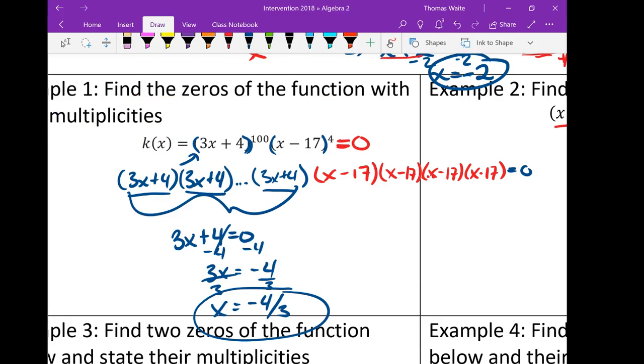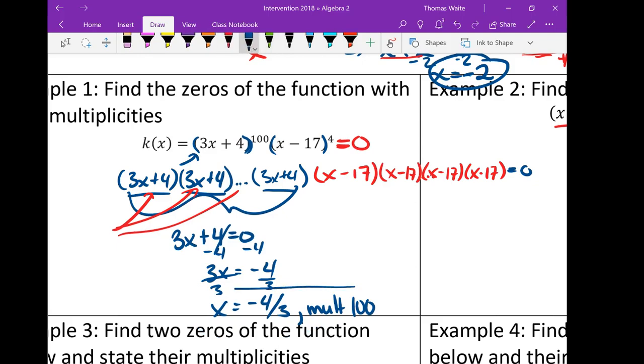Well, we didn't write them all out here, but it's a solution to this one, to that one, and to all of those other 100 factors that came out when we split up this 3x plus 4 term. So 3x plus 4 is a solution, and it has multiplicity 100 because it happens 100 times in our factored form.